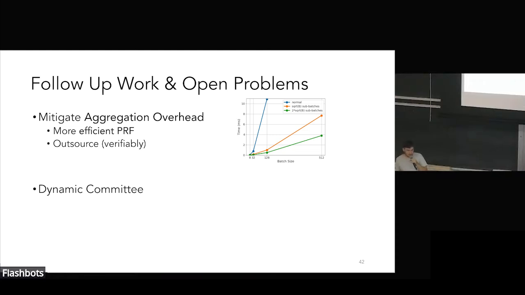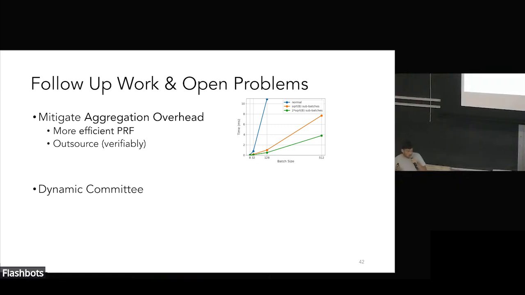At the same time, all of these works require setting up the committee members with a DKG protocol. And this is not so nice because we really want a dynamic committee. So we want committee members to join and leave and to reestablish the committee lots of times, maybe every epoch or every few epochs, and carrying out the DKG whenever that happens becomes prohibitive over time.